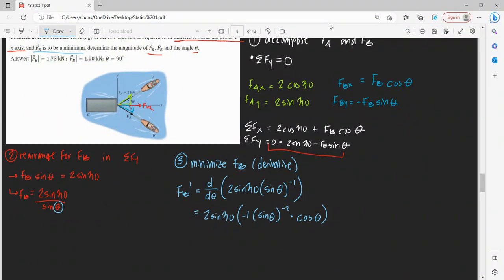Right, sorry, this is equal to 0 when we take the derivative. So this will be 0 equals negative 2 sine 30, and that's cos theta over sine squared theta.